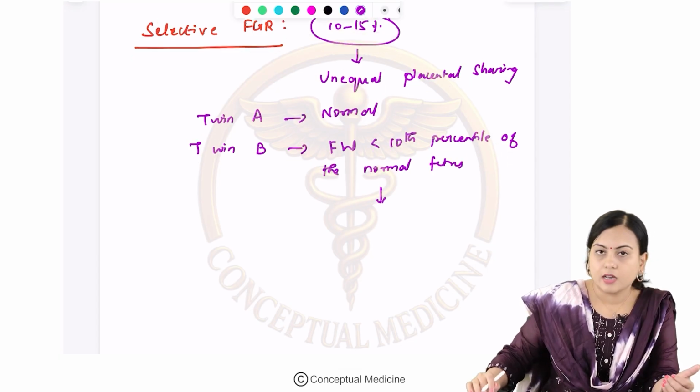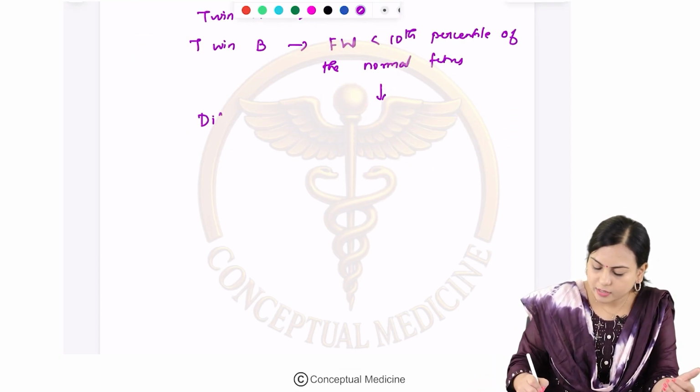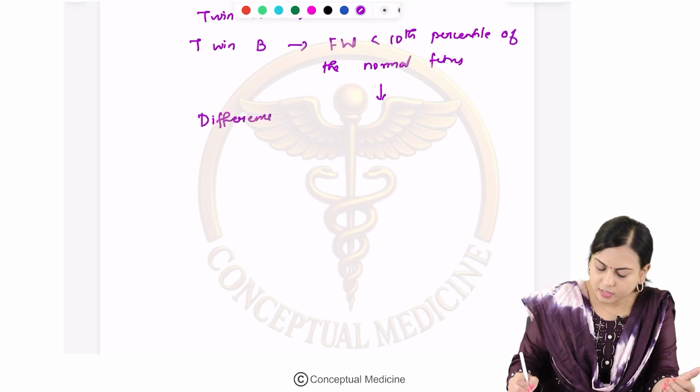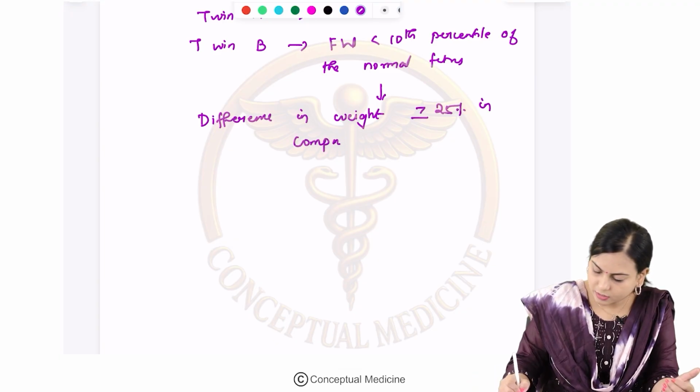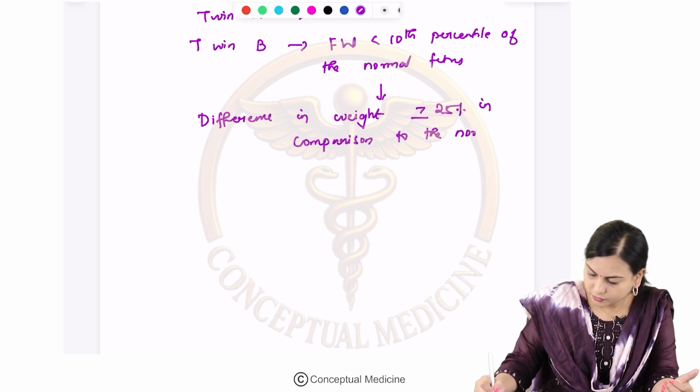This can be confirmed by seeing a difference in weight that is more than or equal to 25% in comparison to the normal twin.